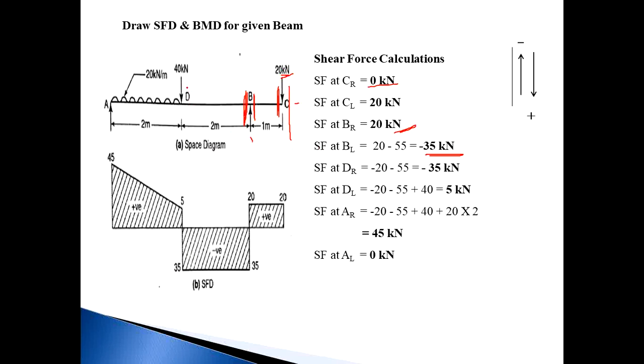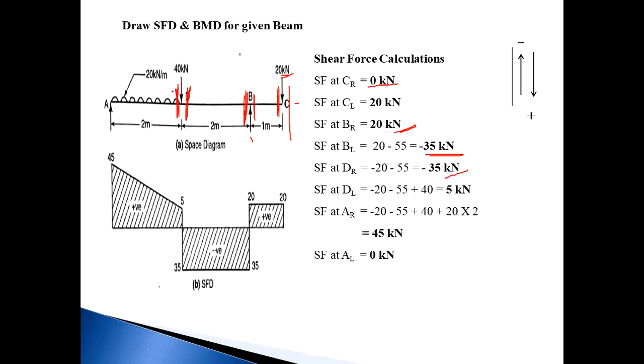Then next, consider a section just right of point D. Now the number of forces on the right side of the section is 2, 20 kilonewton and RB. So the value is minus 35. It doesn't change because there are no extra forces, only 2 forces. Then next, consider a section just left of D and consider the right side of this section.